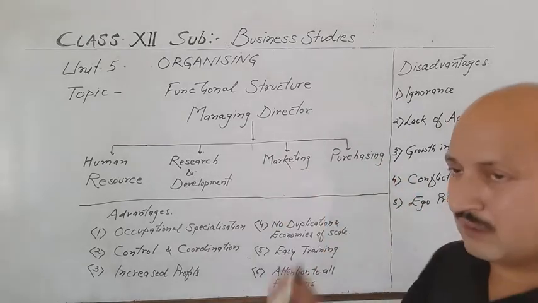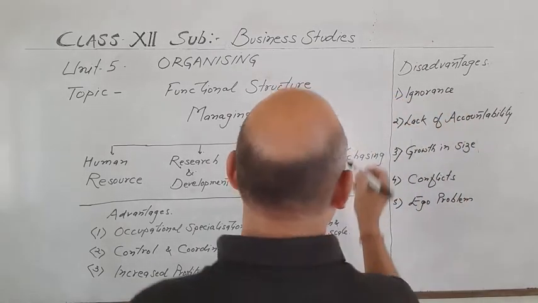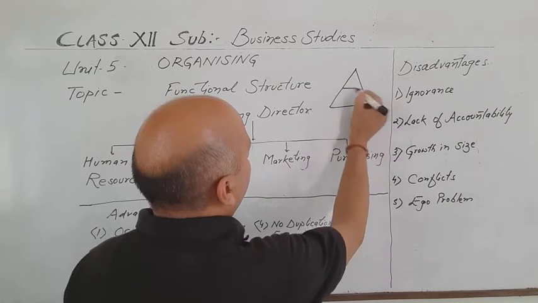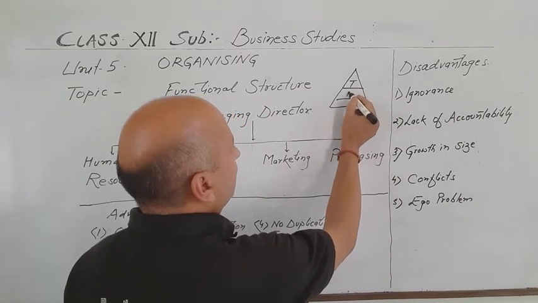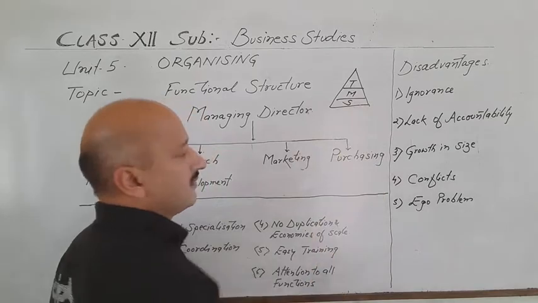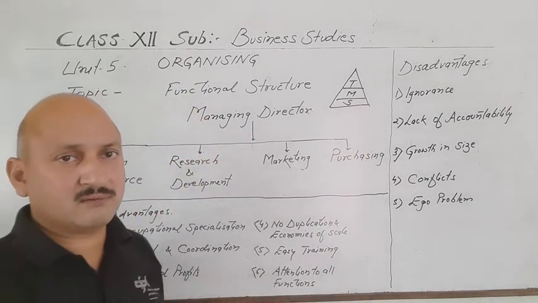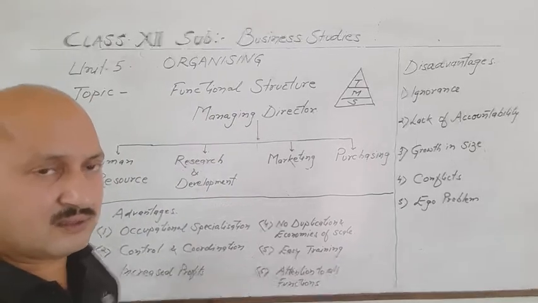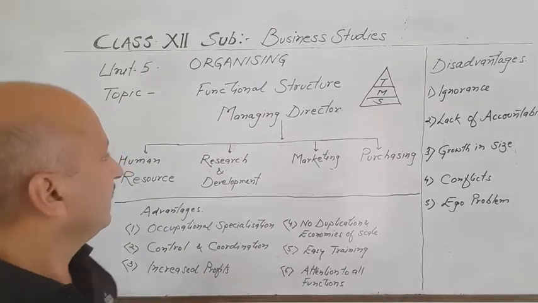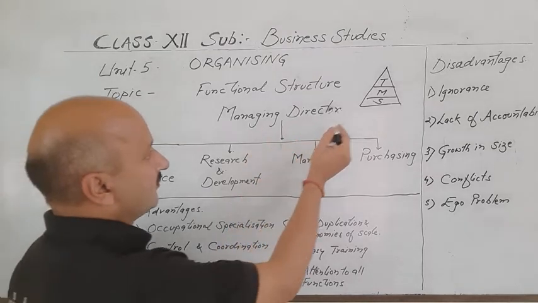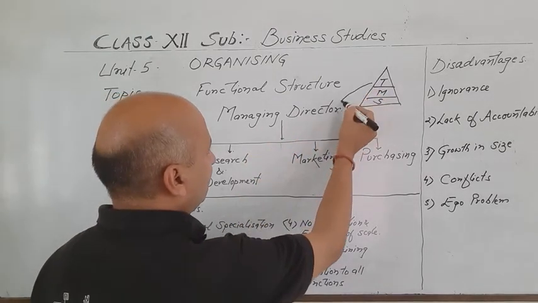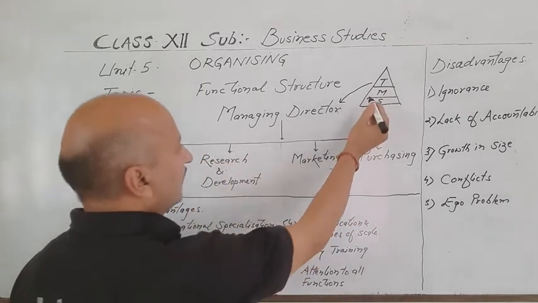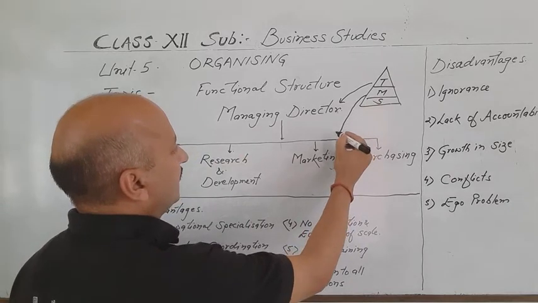So, in our organizational hierarchy, generally we all know that it comprises three levels: top, middle, and supervisory level, or we can say bottom level. Here you can easily notice that the managing director is working at the top level, and all these functions are created for the middle level.